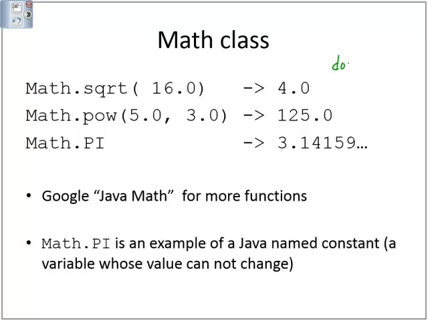So what would the value of x be after that? I have two variables, an r variable and an x variable. r has 16.0. After doing the square root function, x would have the value 4.0.